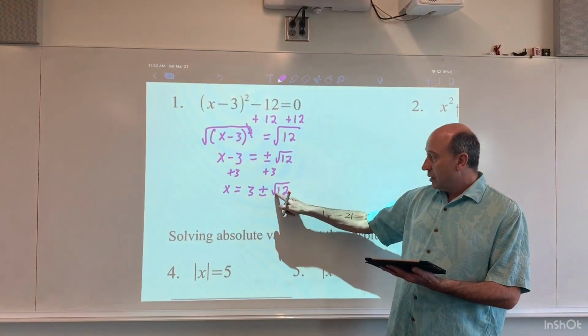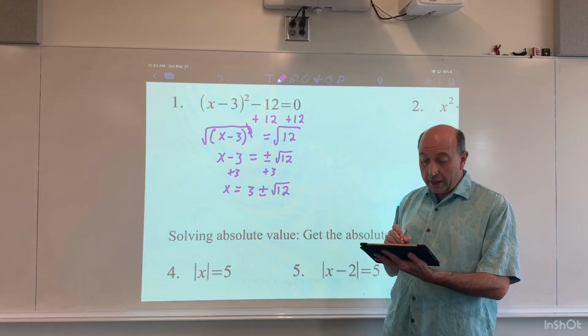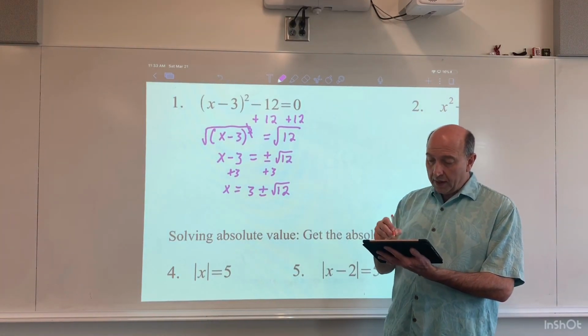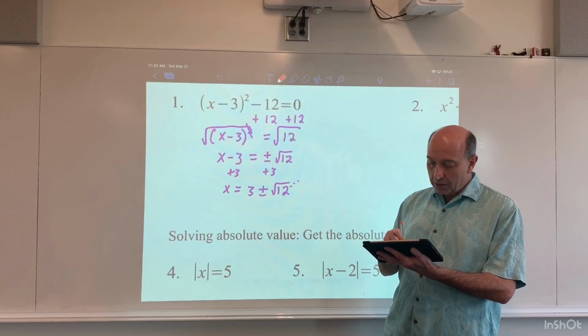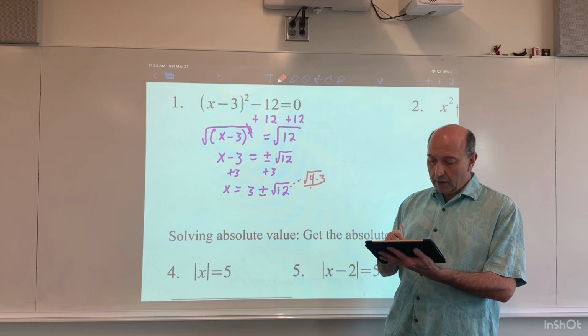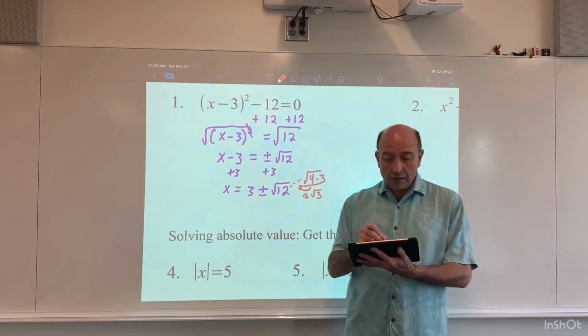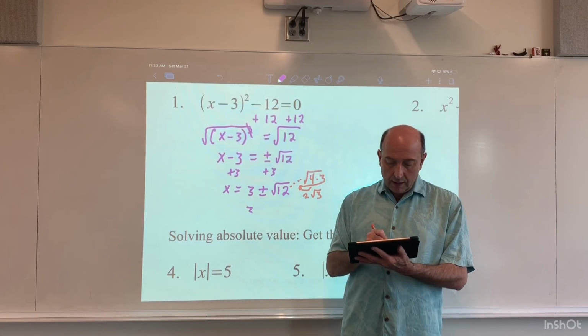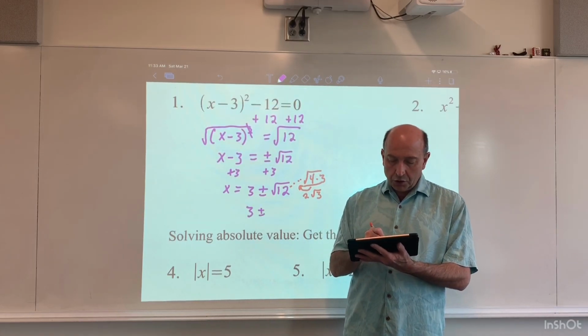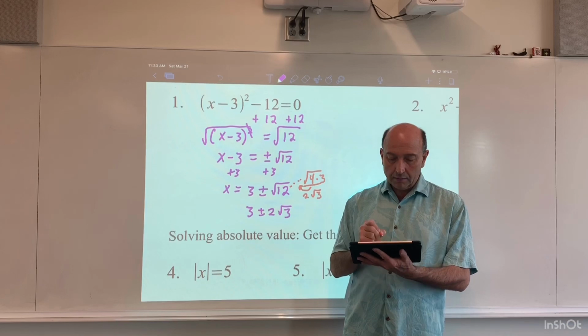Now, the square root of 12, we can simplify. We can think of that as 4 times 3, and the square root of 4 comes out as a 2. So our final answer is now 3 plus or minus 2 square root of 3.